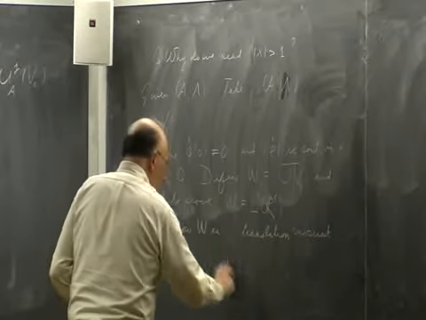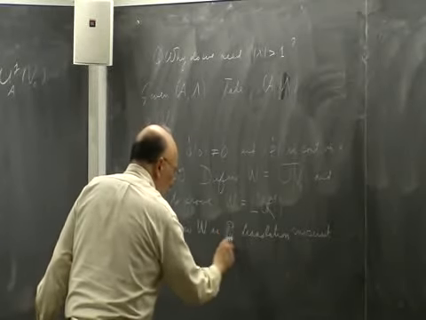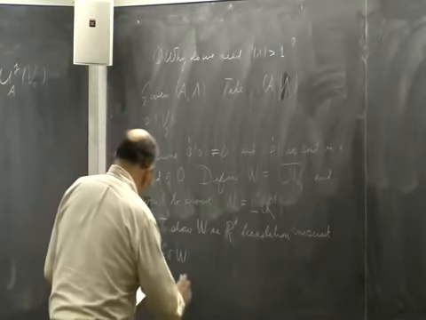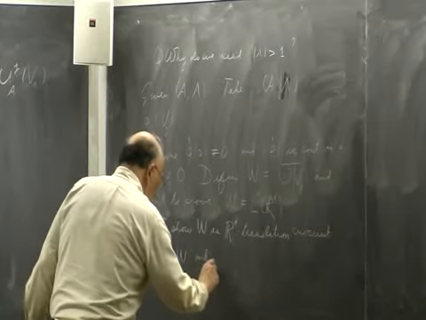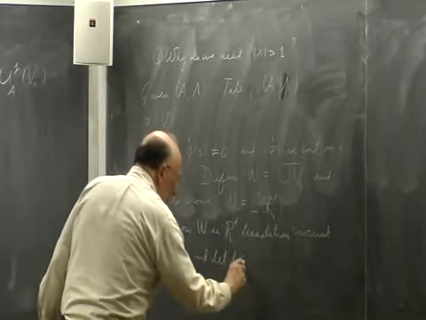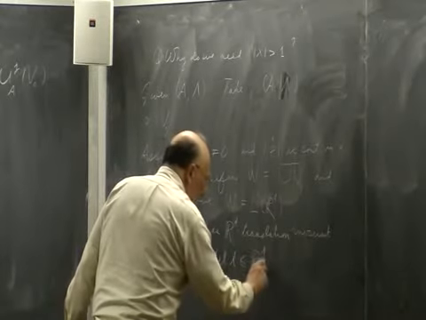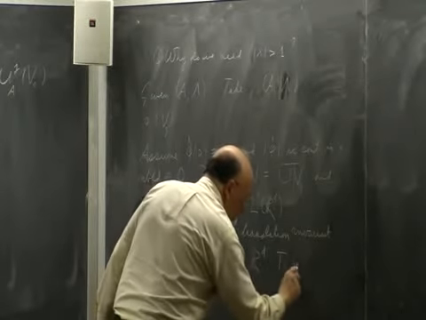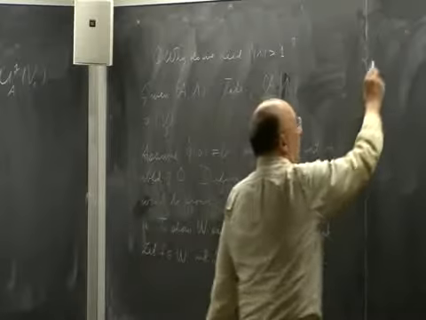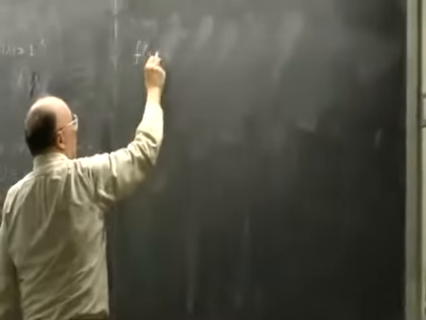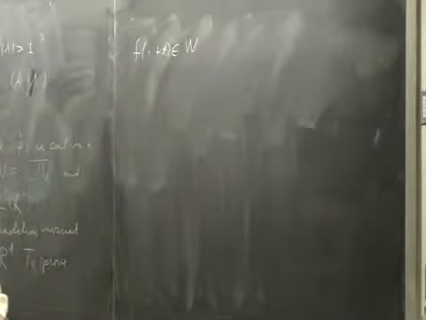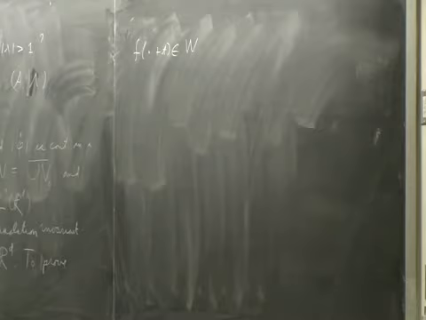To show W is R^d translation invariant, let f belong to W and let t belong to R^d to prove f, this function here, plus t is in W. We'll actually use this property of dilation right at this level here.